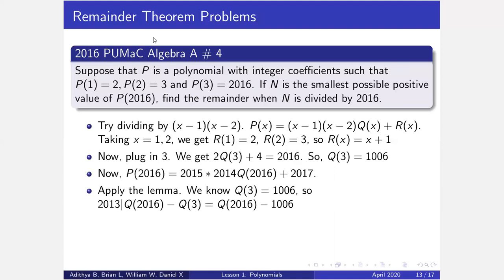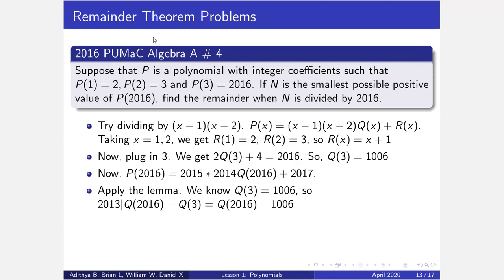We want to select the smallest possible value of Q of 2016 such that P of 2016 is positive. I think it's clear that Q of 2016 is just 1006, because if we let it be a bigger value, then P of 2016 is larger, and if we let it be a smaller value, then it's negative.